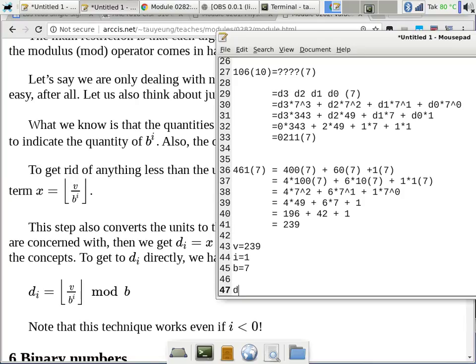So B1 equals to, that symbol is the floor symbol. So this thing here is called the floor symbol. The floor of x is the largest integer that is less than or equal to x. Is that okay? Let me say that one more time. The floor of x is the largest integer that is less than or equal to x.